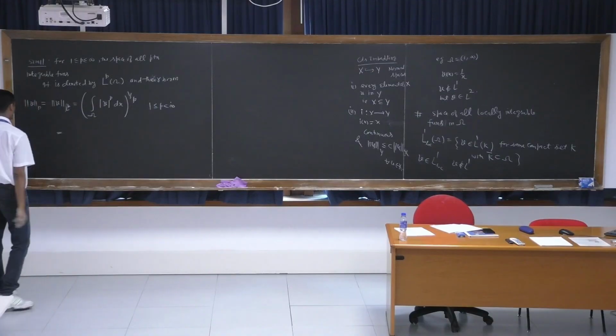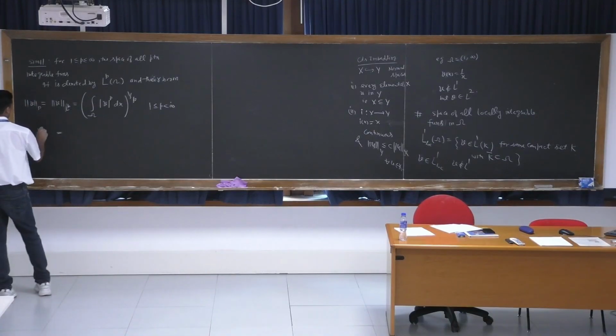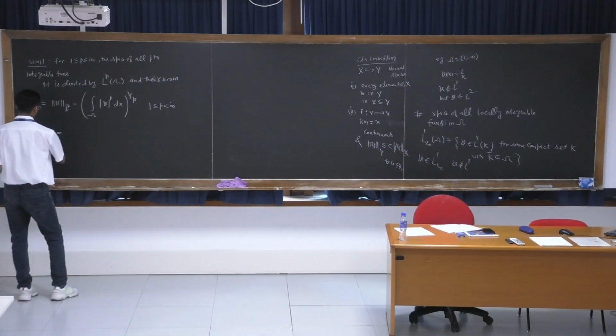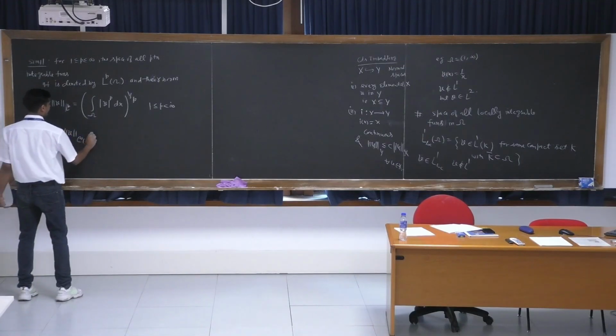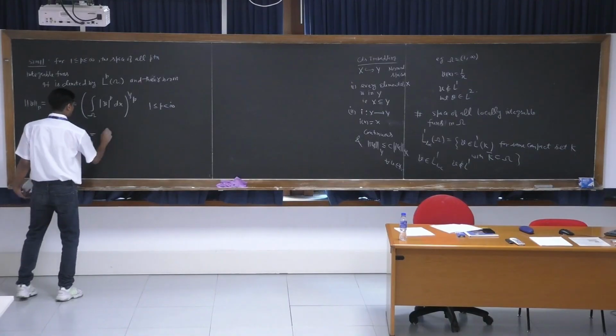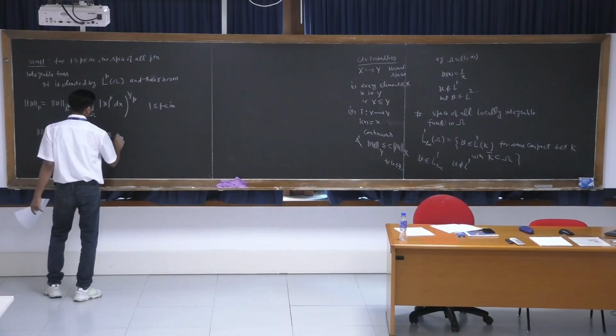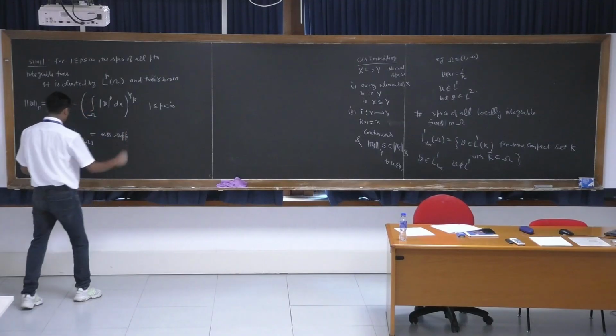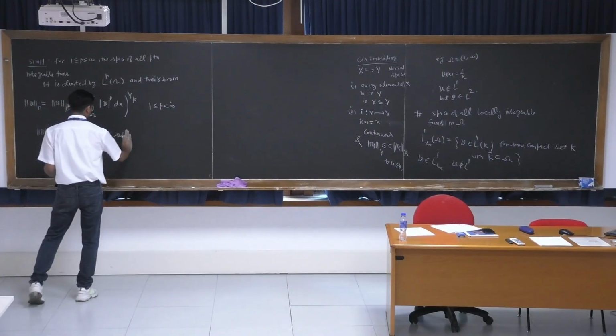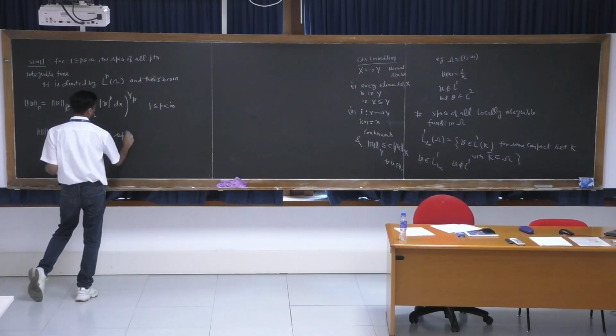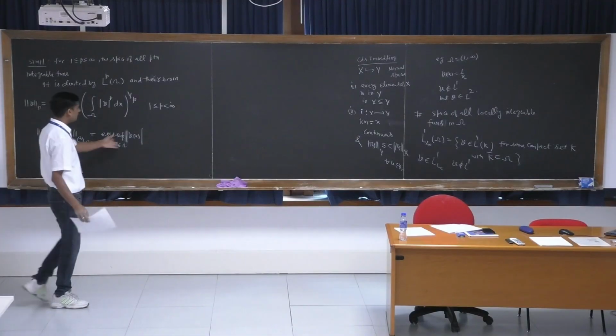For p equal to infinity, the norm is denoted as L infinity over this domain, and you can define it as the essential supremum. Okay, this is just the sup of |v(x)| with x belonging to the domain, the essential supremum.